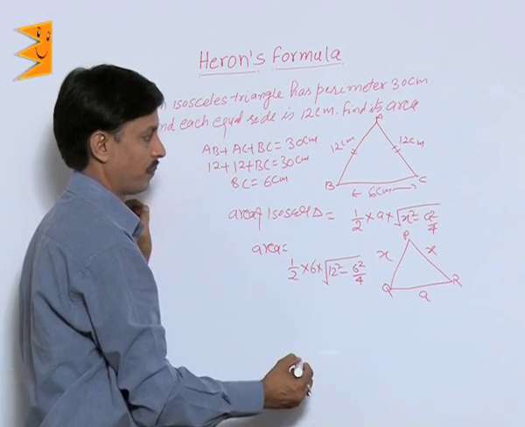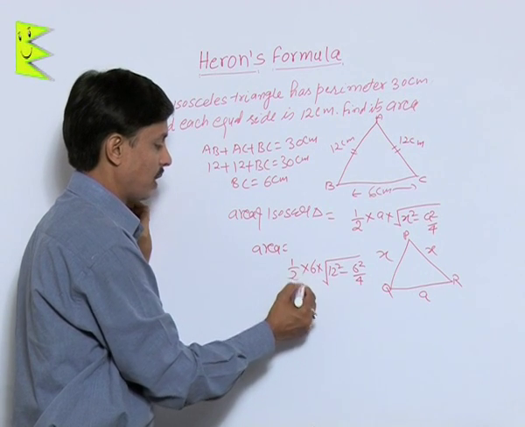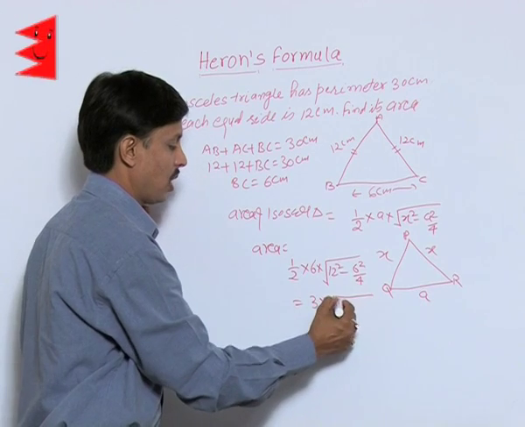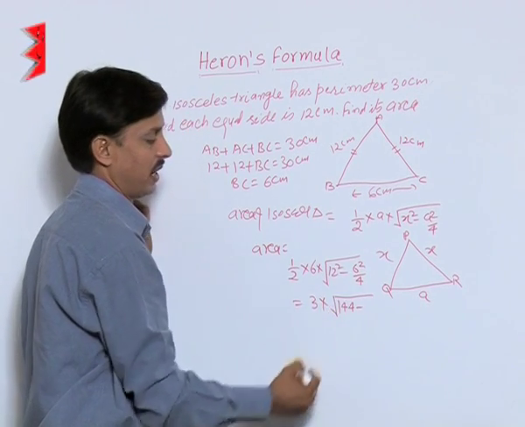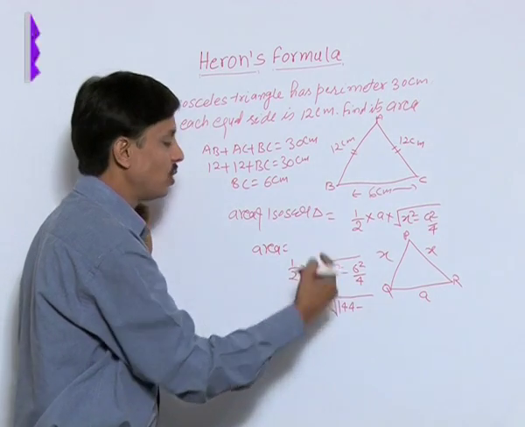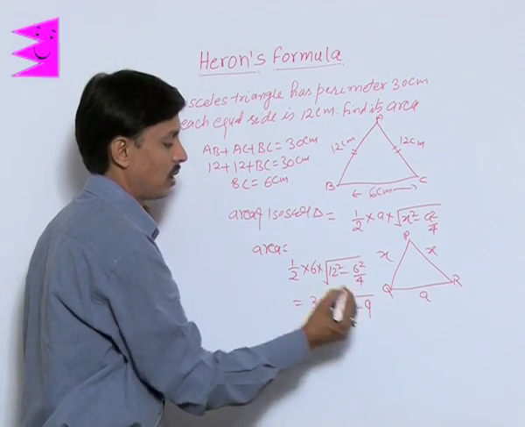That's why it is coming 2 3 ja 6, 3 into root of 144 minus, this is 6 square by 4, that is you can say it is 9.